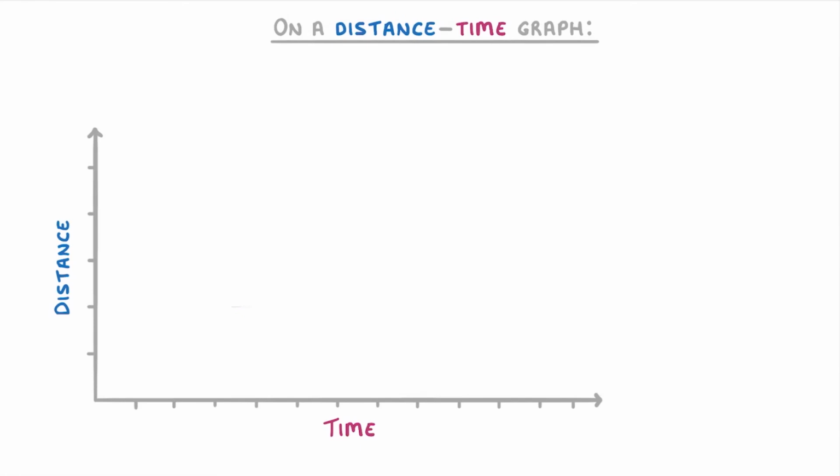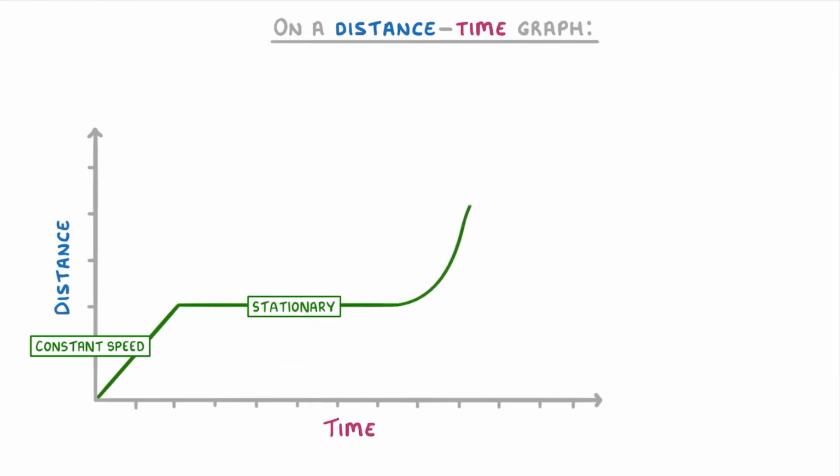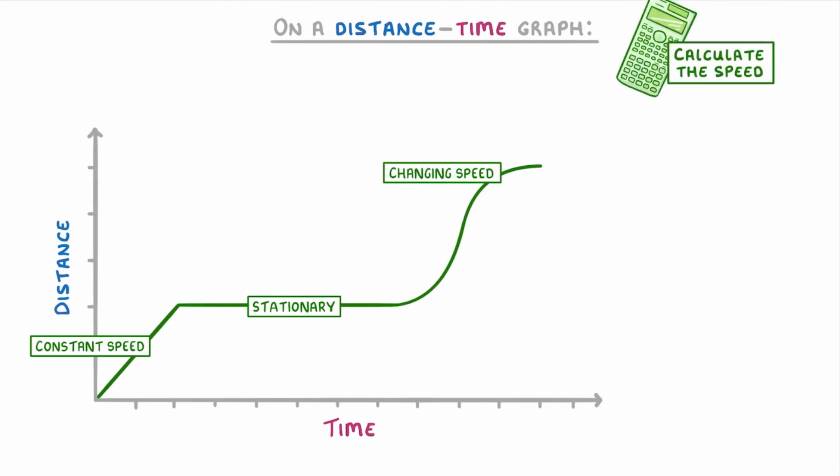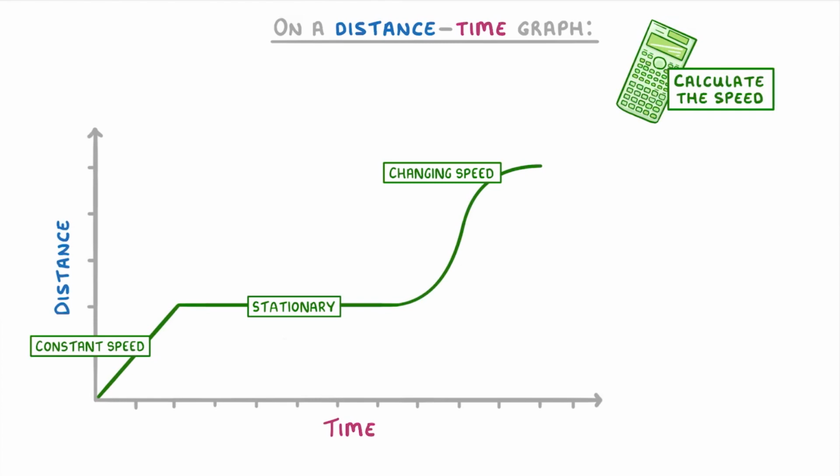So to sum up this video, on a distance time graph, straight lines represent constant speeds, flat lines mean stationary, and curved lines represent changing speeds. And if you want to calculate the speed at any particular point, you need to calculate the gradient of the curve at that point.